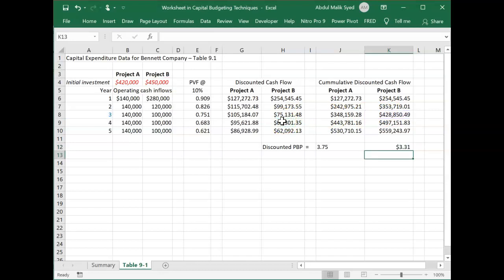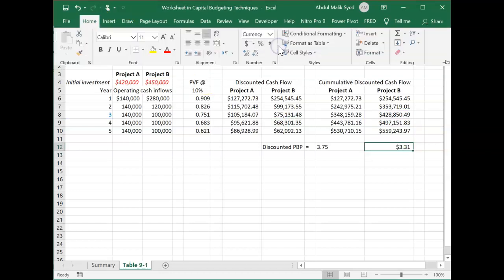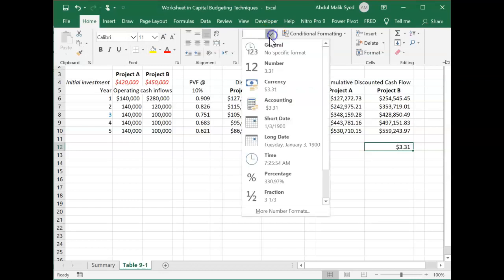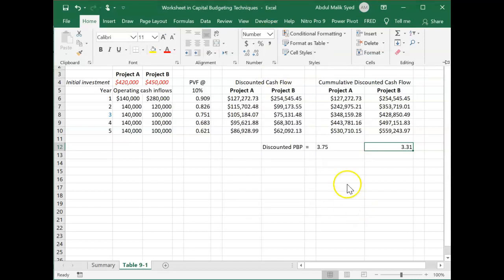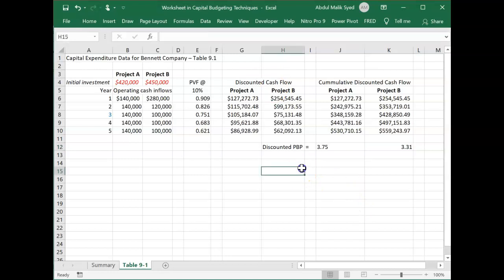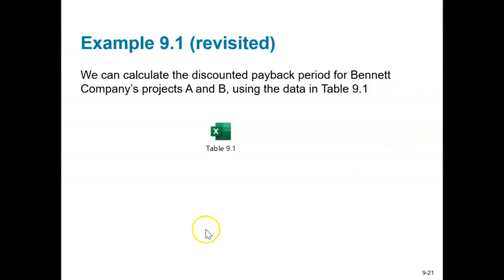So this is giving me 3.31 as the time period. So the discounted payback period for project A is 3.75 and for project B is 3.31.